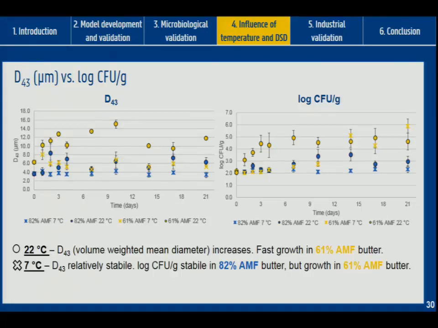At 7 degrees, we see that the line is more or less stable, so low temperature helps keep product stability. The log colony forming units stayed stable in 82% butter, in full fat butter, but growth, and you can see these yellow axes, still occurred in the 3/4 fat butter, the one that had less fat and more water.